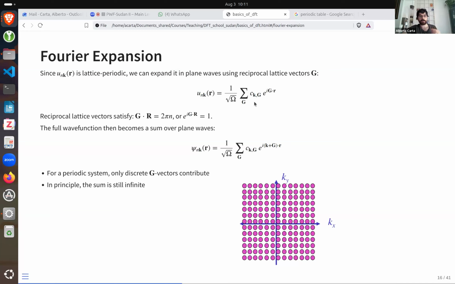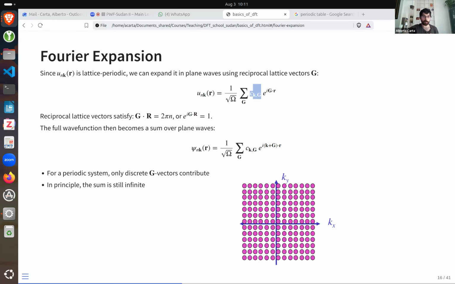So what this means is that we need to use another sum over plane waves times these Fourier coefficients in order to describe the full wave function in a crystal.